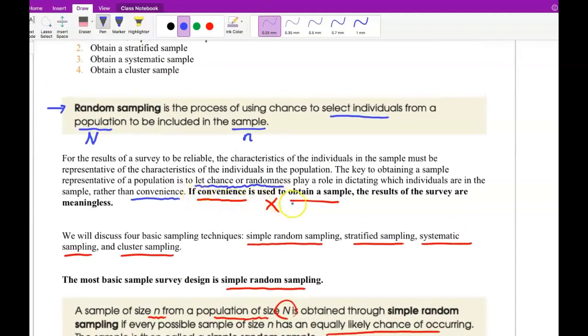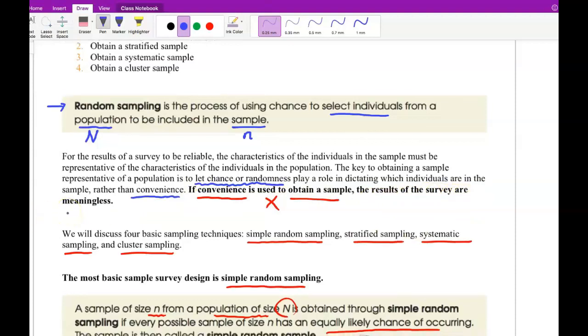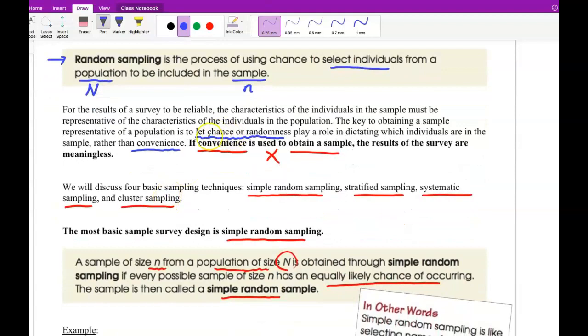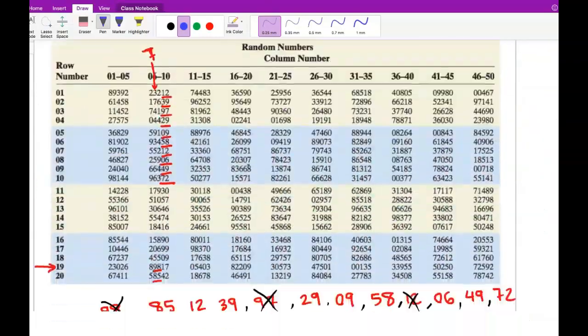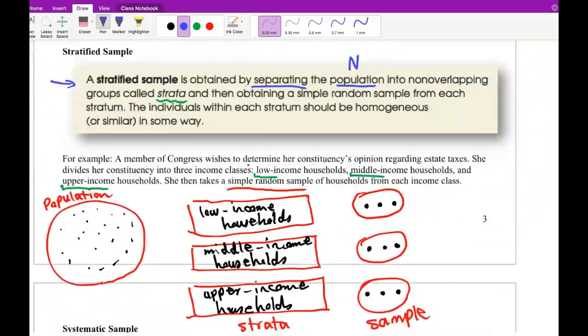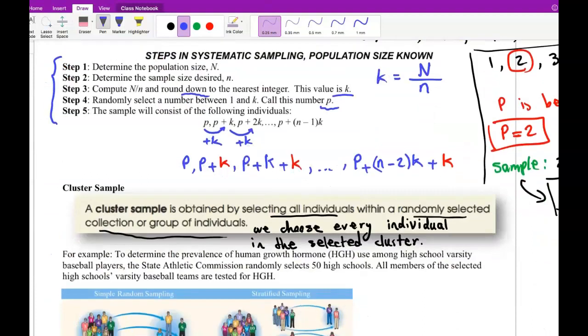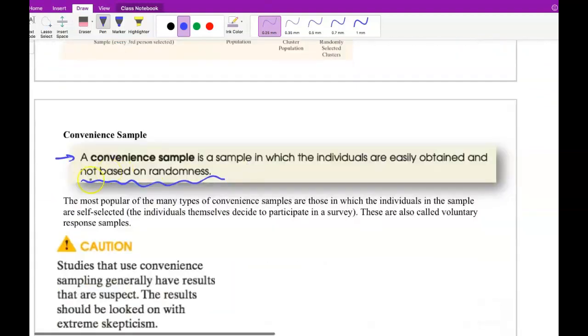If convenience is used to obtain a sample, results of the survey are meaningless because we didn't follow that rule, let chance or randomness. On this part, we don't have randomness. It's not based on randomness.